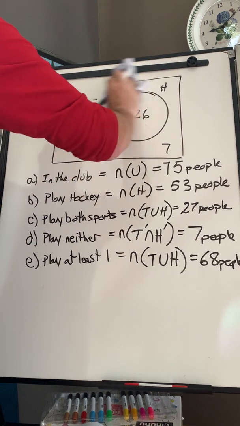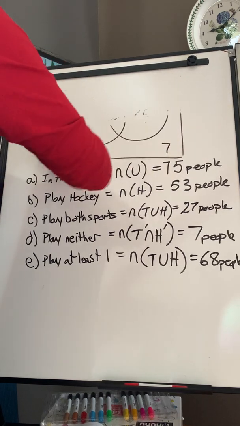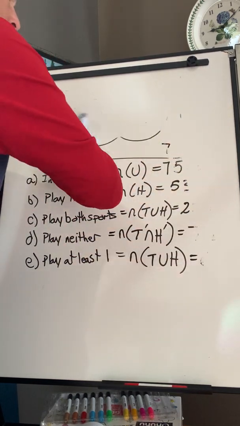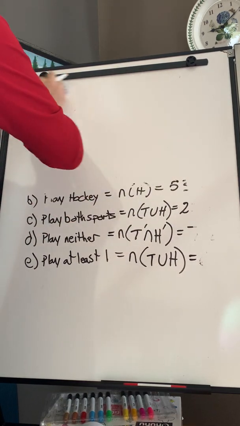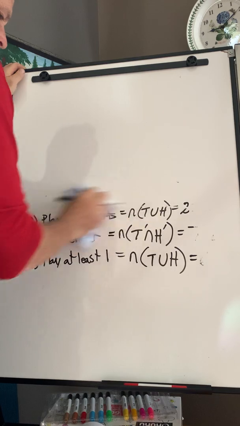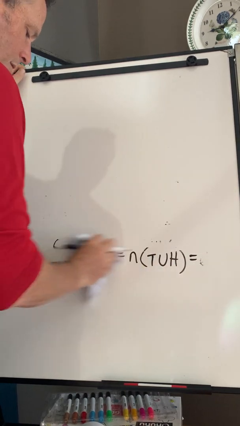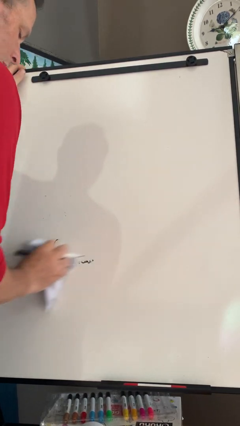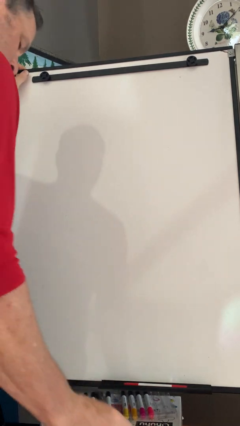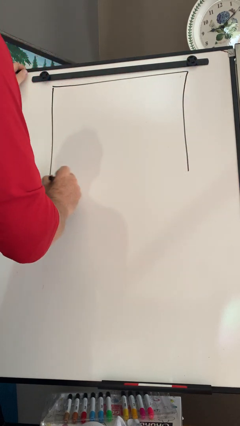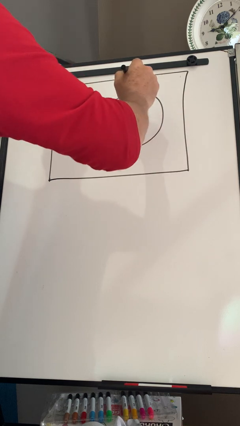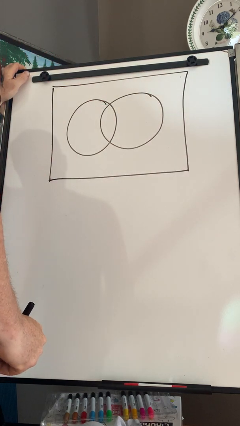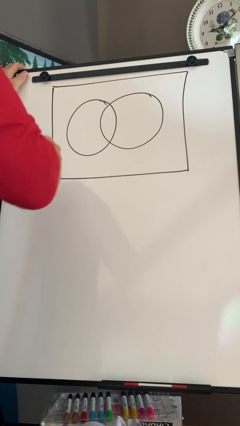Let's do a math one, or school one, about the courses people take. Same deal. We're going to do a basic Venn, 2 circles, universal set. So build a rectangle, circle, circle, overlapping, so they're not mutually exclusive. This is going to be question 3.